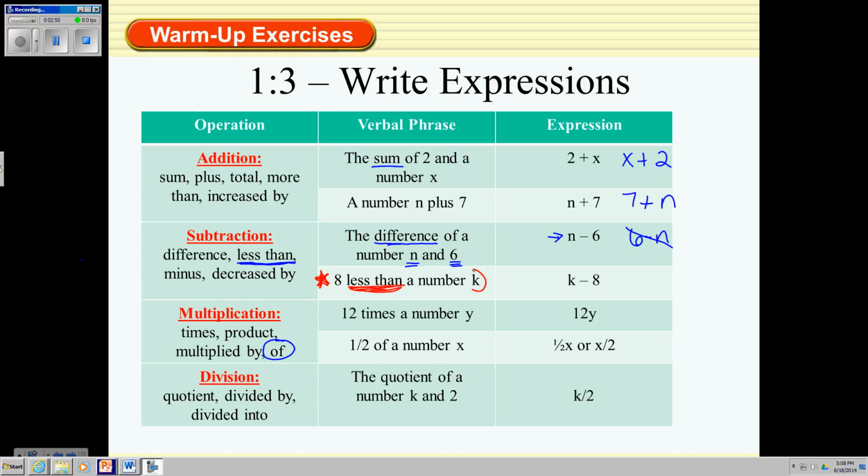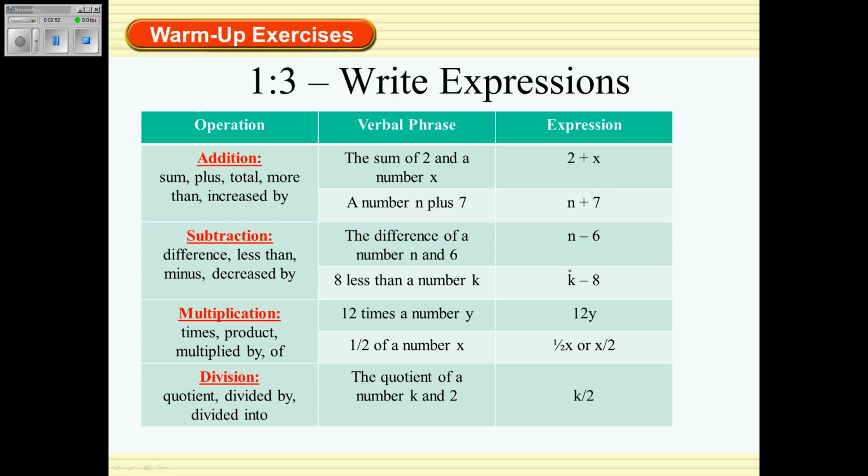What's second comes first in the problem, and what's first comes second in the problem. Okay, does that make sense? You see what I'm saying? So when it says 8 less than a number k, that's when you're going to actually flip it around. k minus 8, because the number k needs to be reduced by 8. It's 8 less than that.